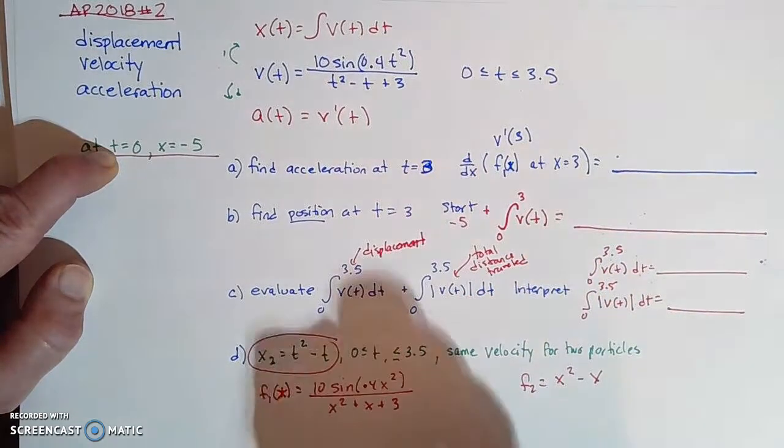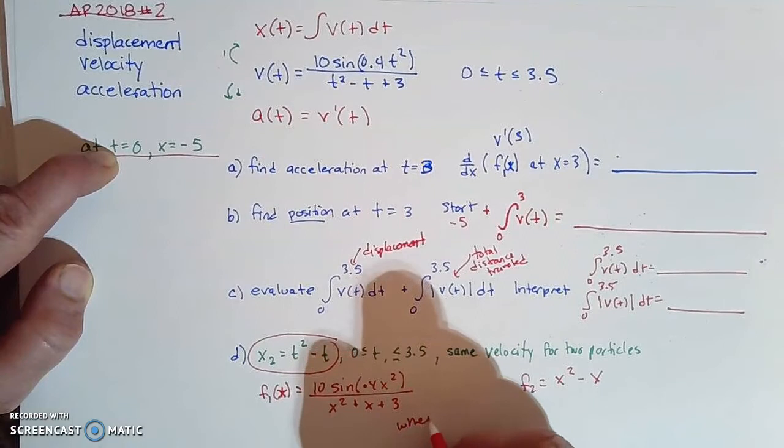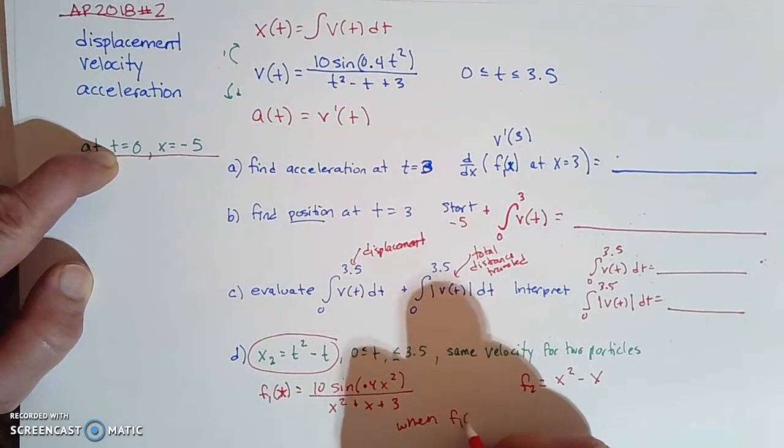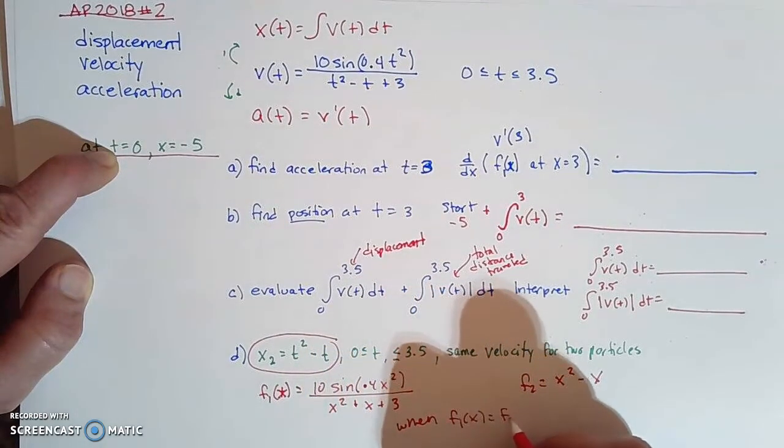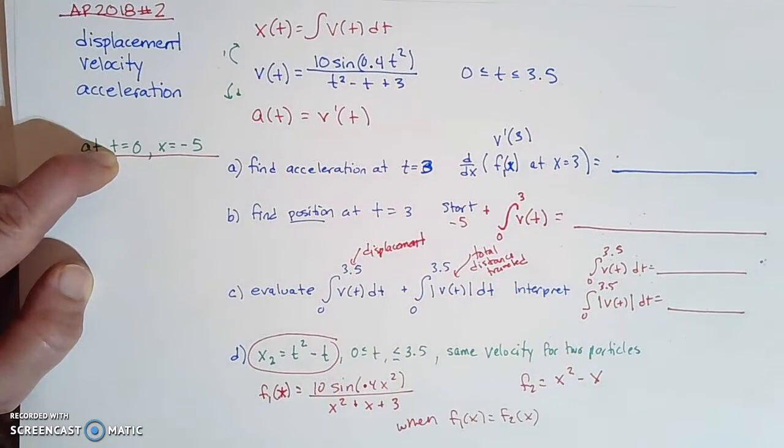And I'm going to graph them, and I'm going to find when f1 of x is equal to f2 of x from the graphs, as I graph them. And we'll see what happens from there.